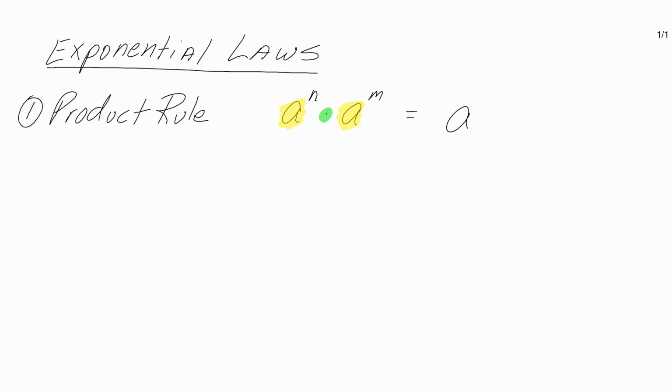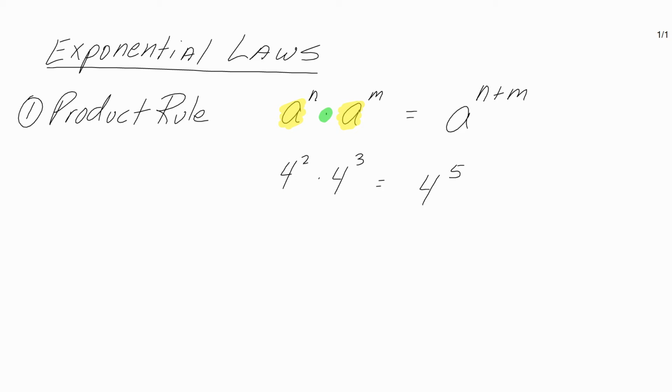Not multiply them, add them. Adding the exponents. So 4 to the second times 4 to the third is equal to 4 to the what? That's called the product rule.